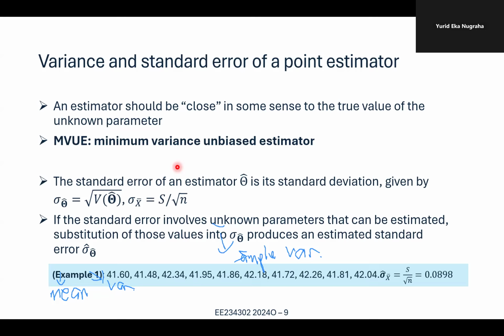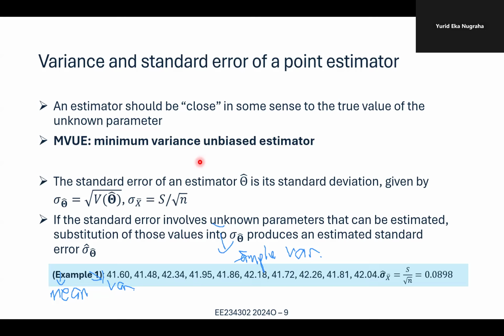It should not be some value that's very far. And there is the MVUE, the unbiased estimator with the minimum variance. This should be the standard of the estimator. We usually want the estimator to have relatively low variance, and we want the estimator to be unbiased as well.